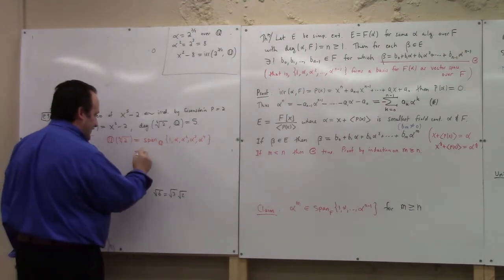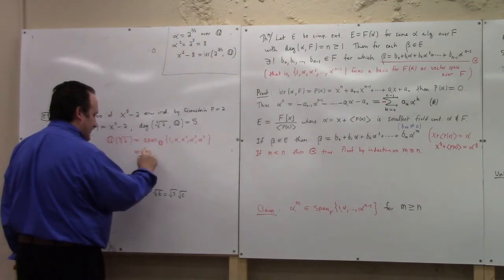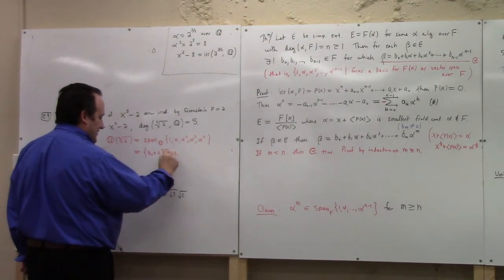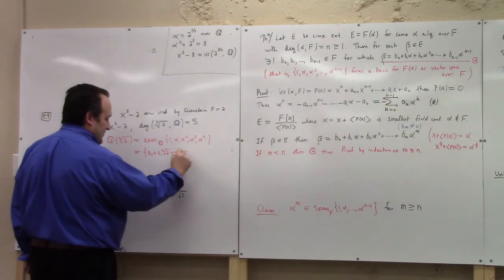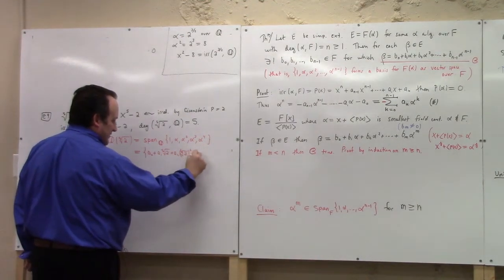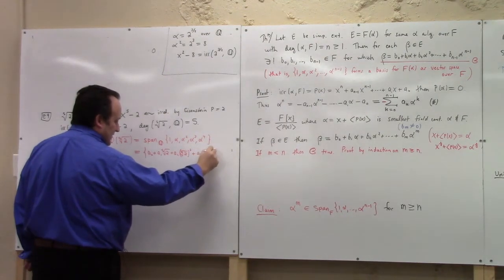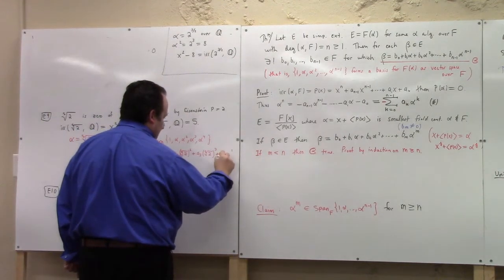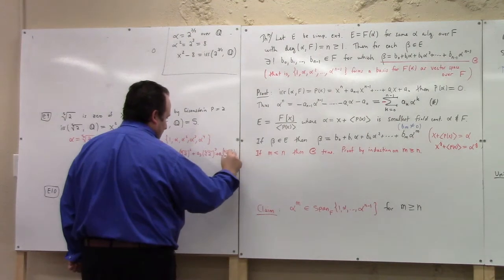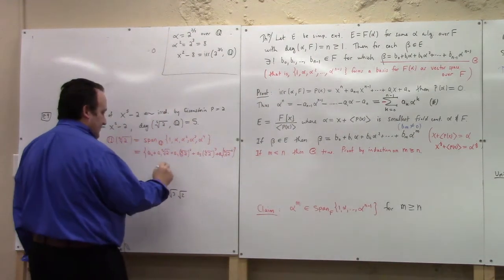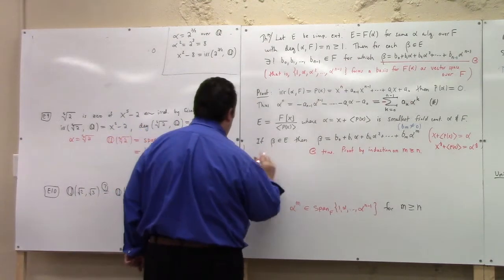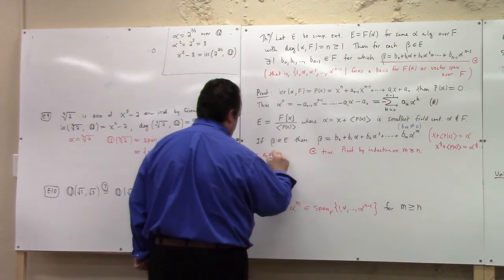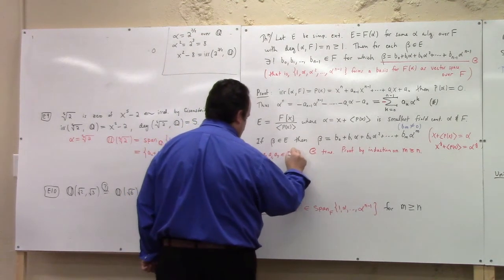Which is to say that everything in this set has the form a0 plus a1 times the fifth root of 2, plus a2 times the fifth root of 2 squared, plus a3 times the fifth root of 2 cubed, plus a4 times the fifth root of 2 to the fourth power, where a0, a1, a2, a3, a4 are all rational numbers.